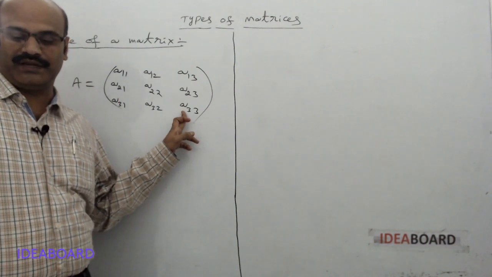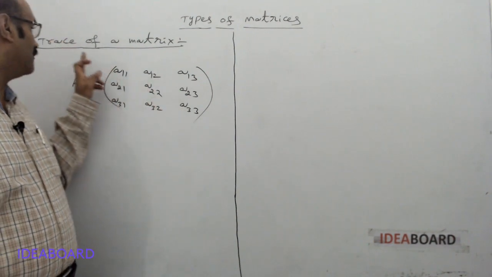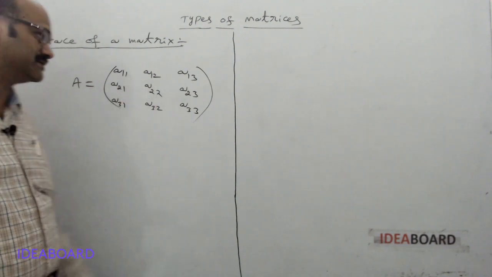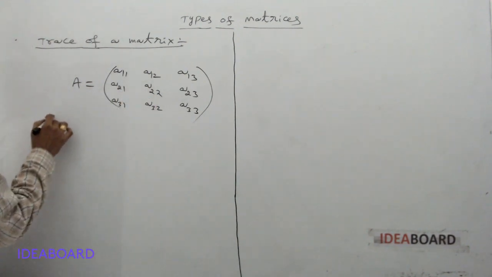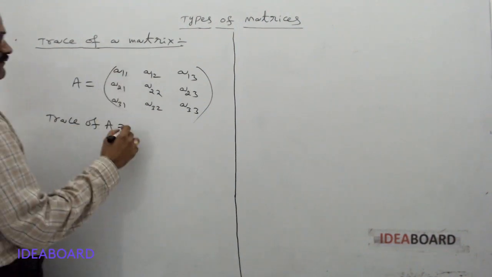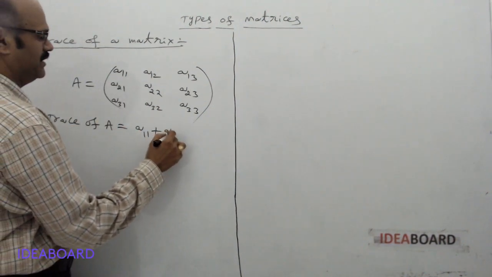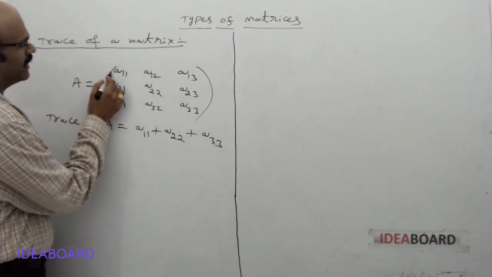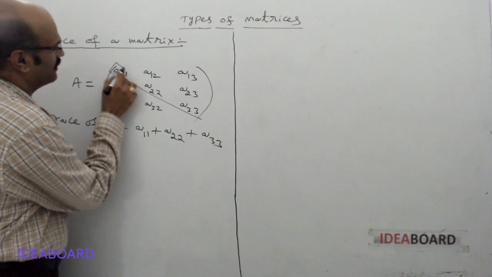The sum of the diagonal elements of the square matrix is said to be the trace of a matrix. So here trace of A equal to A11 plus A22 plus A33. We have to take the sum of the diagonal elements.